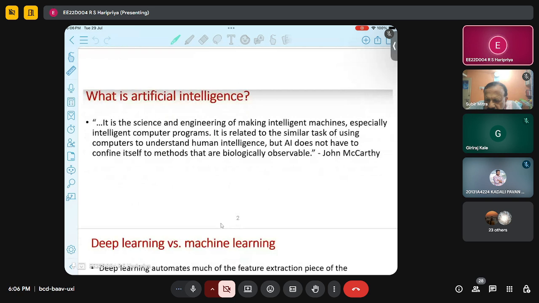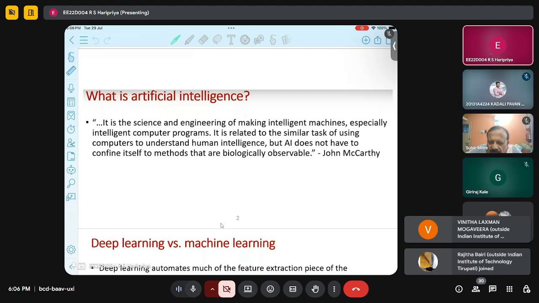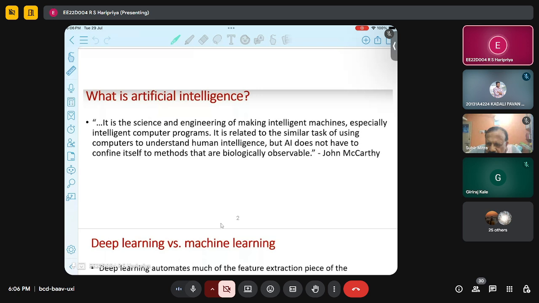So first, what is artificial intelligence? Before going to the definition, in the slides we could have seen some of the applications of AI, including Amazon Go, which uses AI so that we can go to the shop, take the things and come out, and the billing will be automatic.